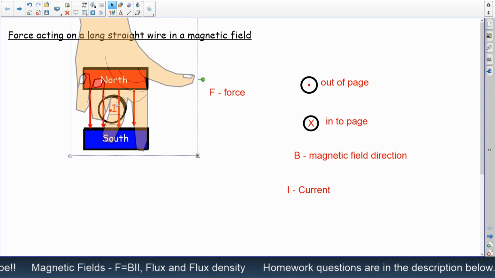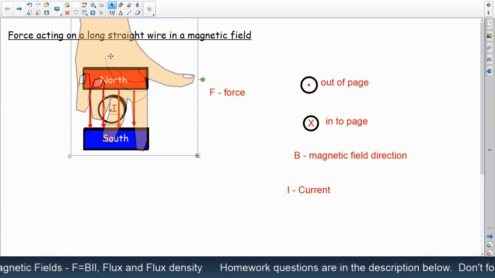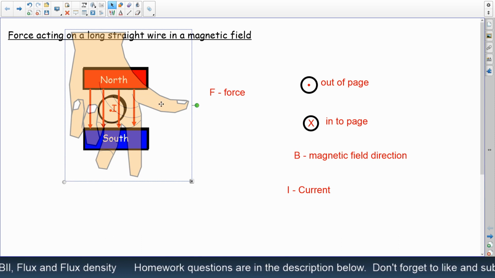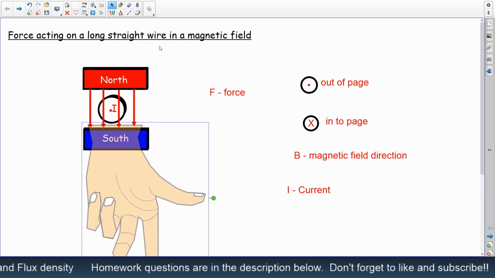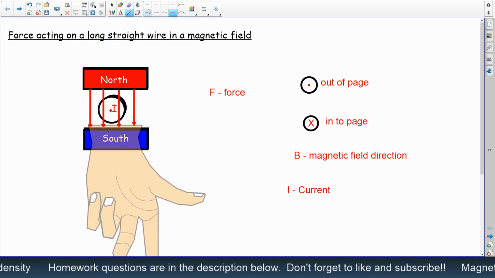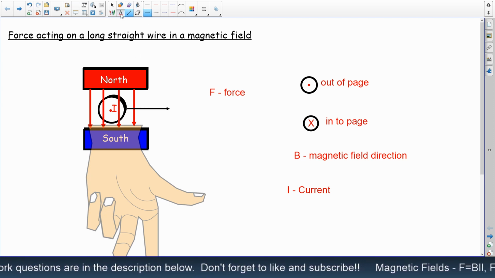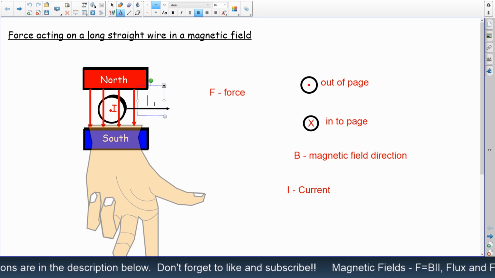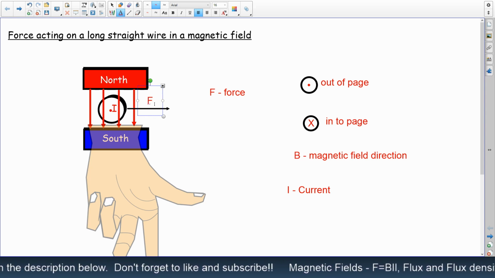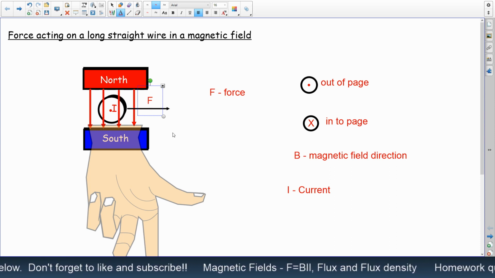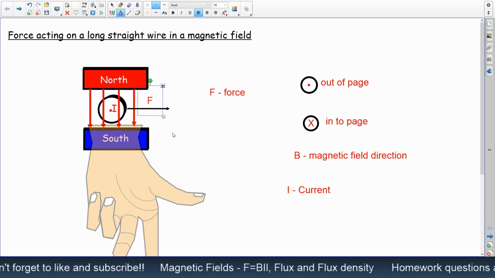My current is coming out of the page, so my finger should be pointing towards me, and it is in this diagram, so that leaves me with my thumb automatically this way. Okay, so the result here is that the wire is going to be forced this way, and we can say that this is the direction of the resultant force F. Okay, and in any situation, that's how you find the direction of the force acting on a charge or a current that's traveling through it.